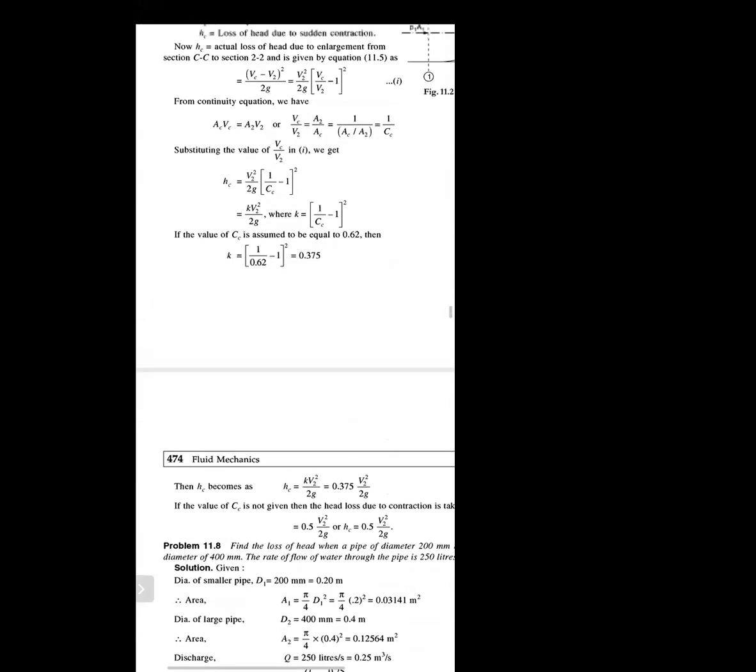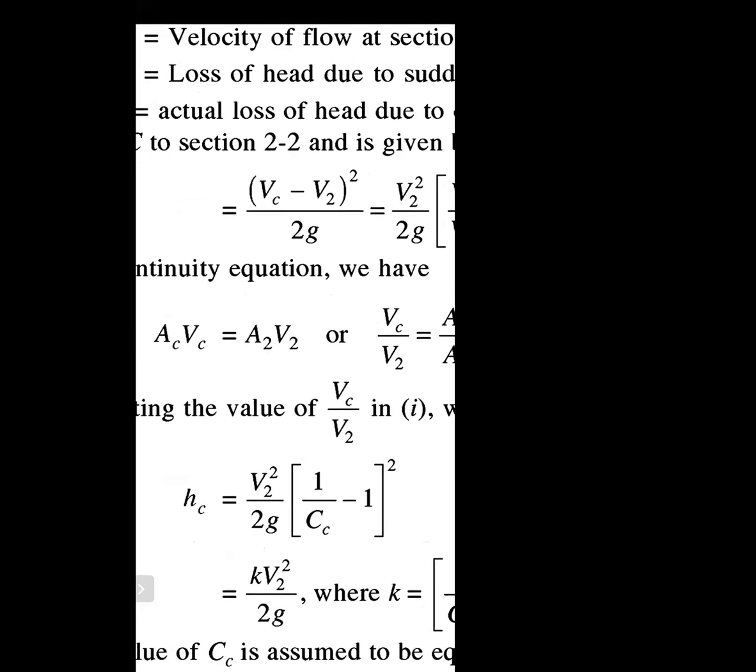The loss of head due to sudden contraction is to be calculated by hc is equal to V2 square upon 2g into (1 upon Cc minus 1) whole square. V2 is the velocity at section 2, hc is the head loss due to contraction, Cc is the coefficient of contraction, and g is acceleration due to gravity.